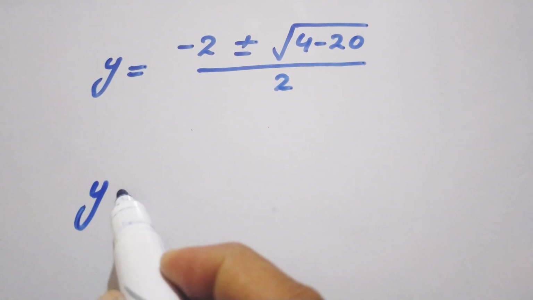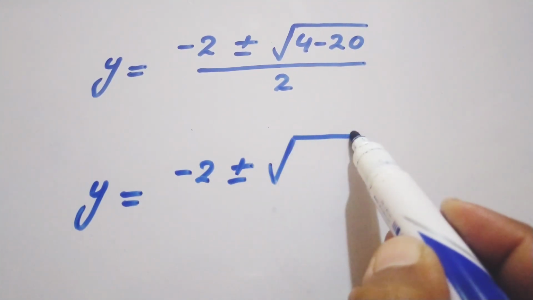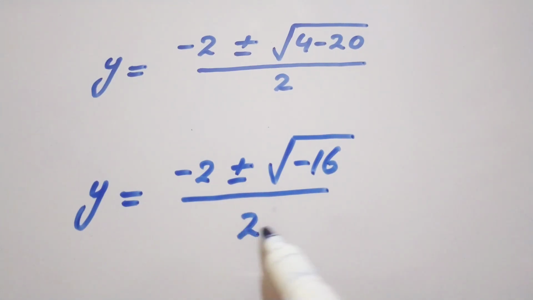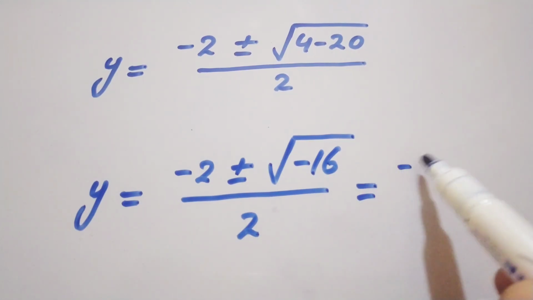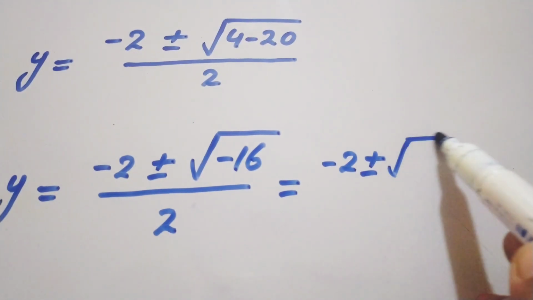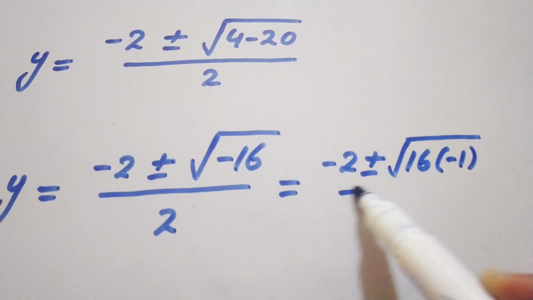Now y is equal to minus 2 plus minus square root of 4 minus 20, which is minus 16, divided by 2. And this we can write as minus 2 plus minus square root of minus 16. We can write this as 16 multiplied by minus 1, divided by 2.